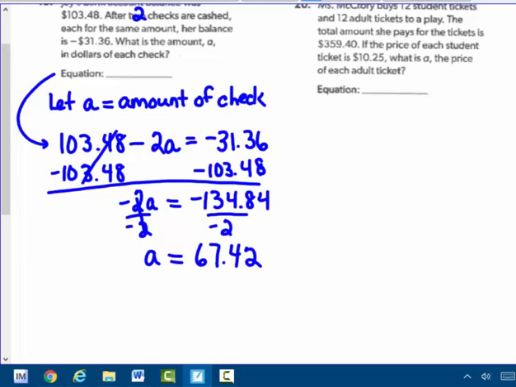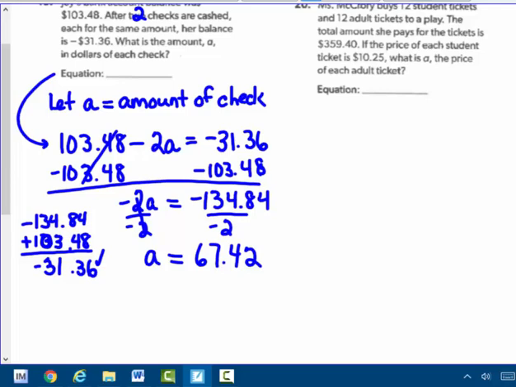So negative 134.84 plus that positive 103.48, I'm checking here. Different sign, subtract. Will I get, yep, negative 31.36.